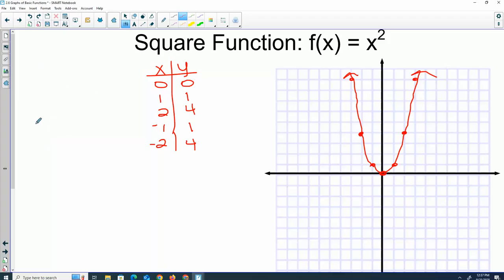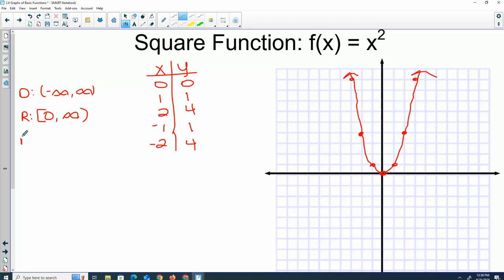What's the domain of that? Because it keeps extending left and right. What would be the range? And the 0 will get a bracket because it does hit 0. Increasing, decreasing, constant. What does this graph do?